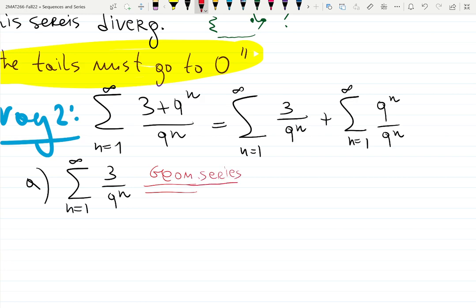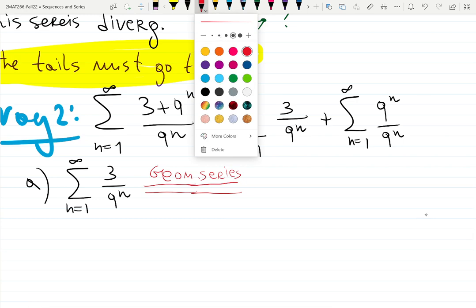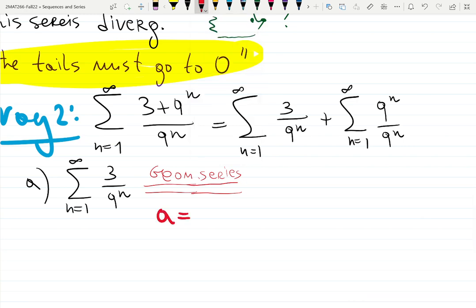It has a common factor and a and everything, whatever you learned last time in class. A is 3. Let me write it down for you. A is 3. R is 1 over 9. 1 over 9 is less than 1 by absolute value. Thus, this geometric series converges.